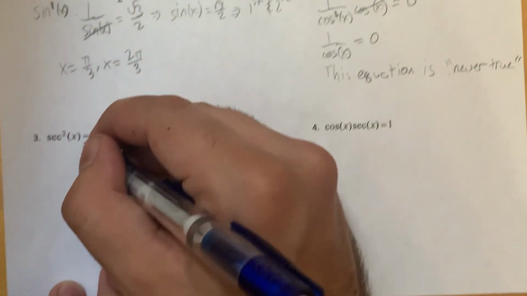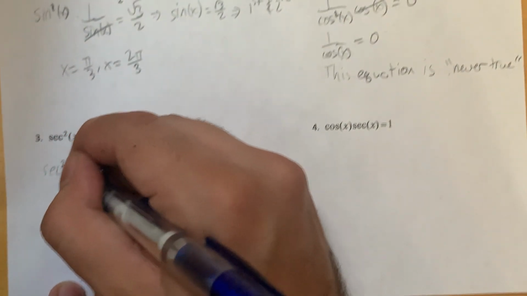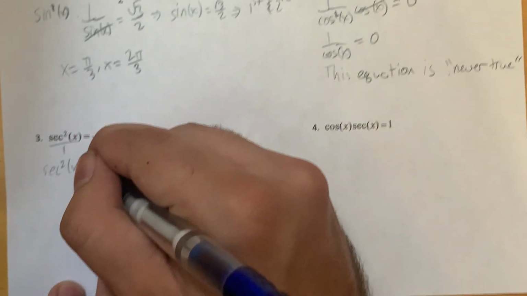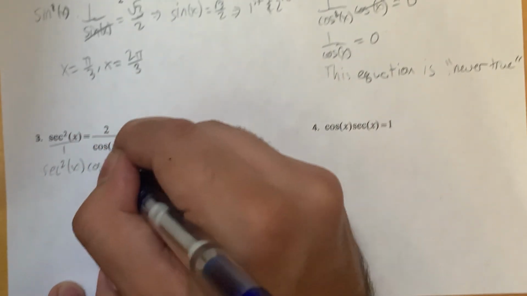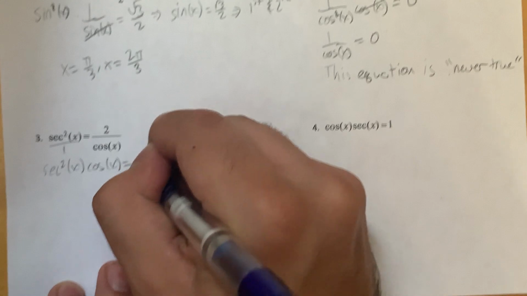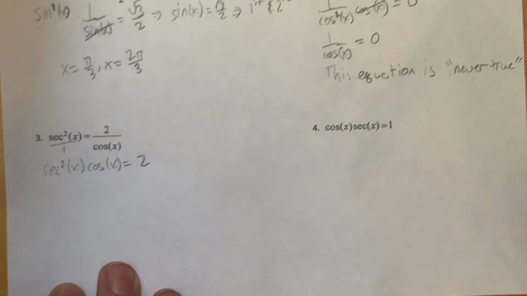I'm going to get secant squared of x, over 1, times cosine of x equals 2. So I've put all the secants, cosines, sines to the left side, and all the whole numbers or irrationals, like square root 3 over 2, on the right side. And then we're just going to solve.